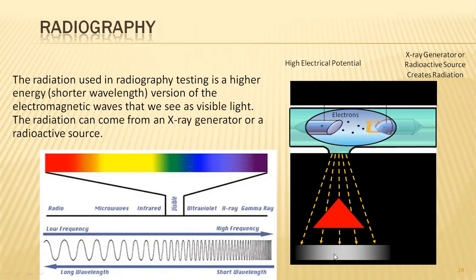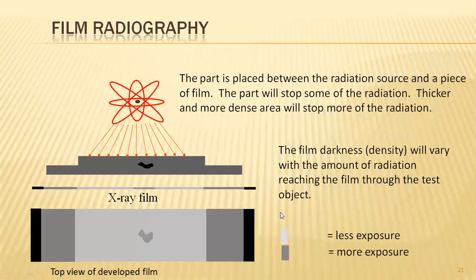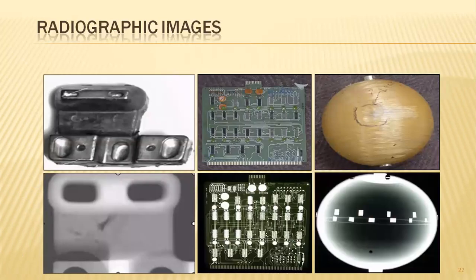If there are any deviations, they will be clearly identified in the oscilloscope. This is the film radiographic technique, and some of the radiographic images utilized in our general inspection processes.